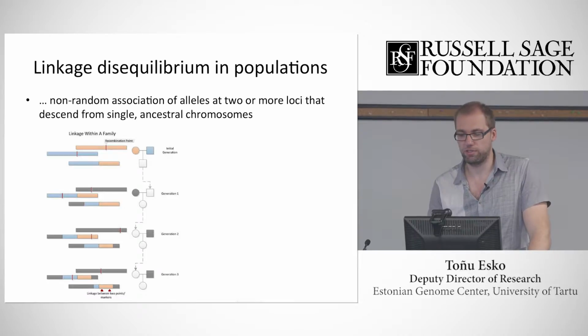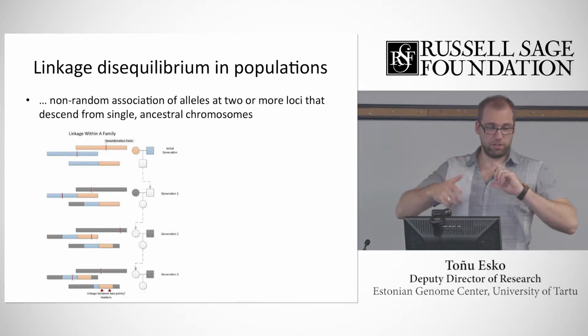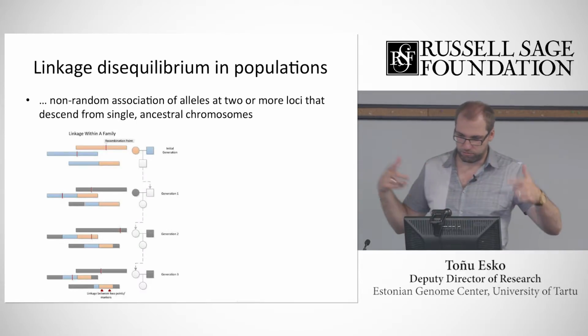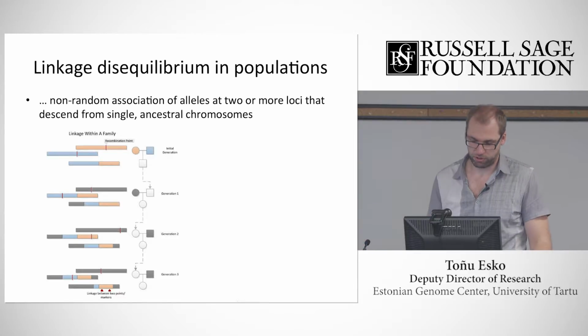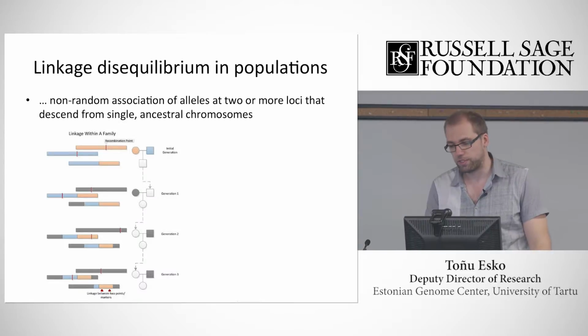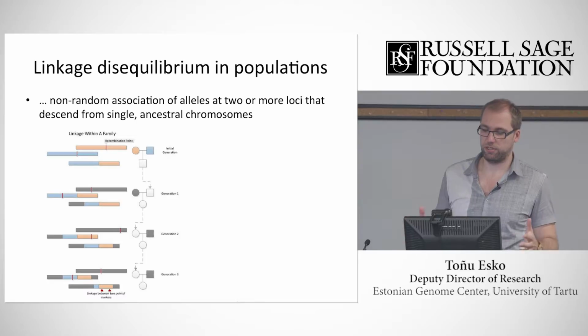And again, over the generations, and here the steps are much larger, like 100 generations or 1,000 generations, because of crossing over events that happen randomly over all the chromosomes at every meiosis, the initial or founding haploblocks get smaller and smaller.